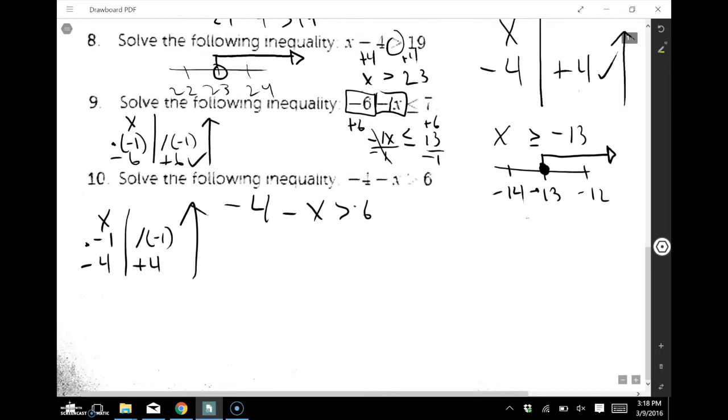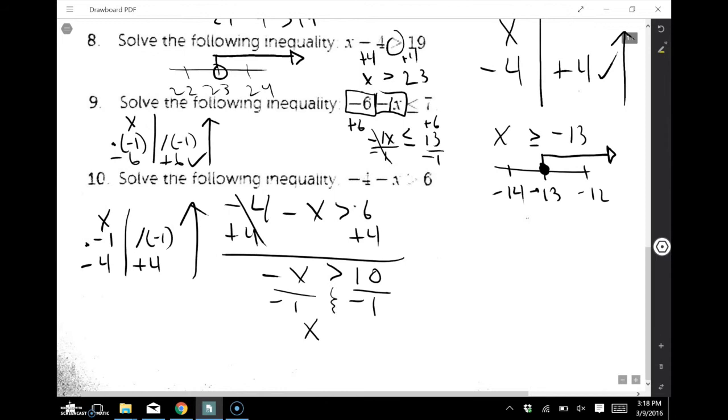Going bottoms up there, add 4, negative 4 becomes 0, so I get negative x is greater than 10. Next, I divide by negative 1. x, flipping my sign here because I'm dividing by a negative. x is less than negative 10.